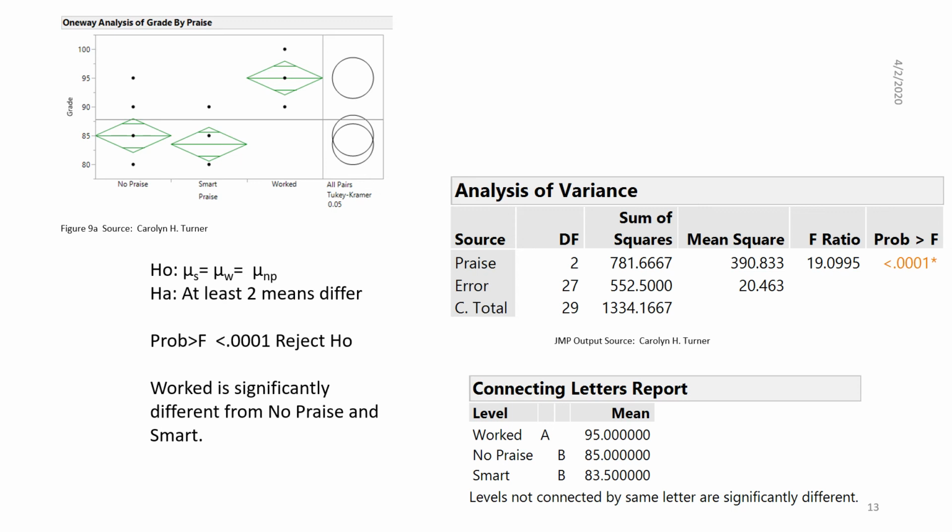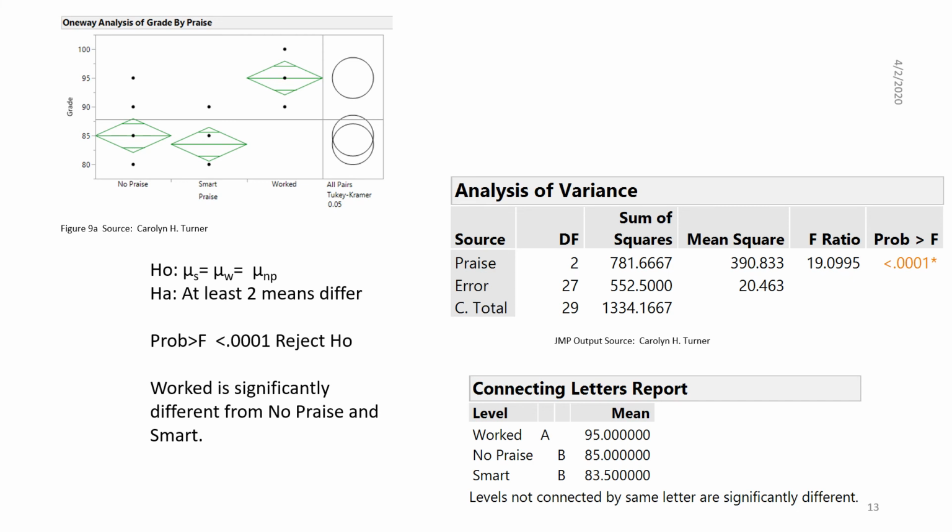And now we want to know which group is different. This is called post hoc analysis. You could look at the chart at the top called the Tukey-Kramer comparison, and where the 2 circles overlap, those are in the grouping for the no praise and SMART groups.